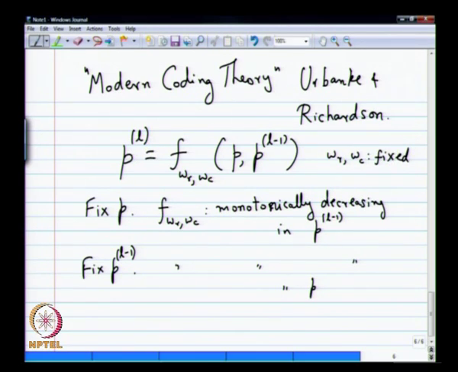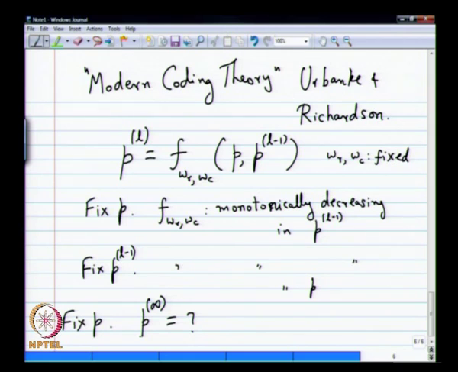So what's interesting now is, you can ask an asymptotic question. You fix P, and ask the question, what is P infinity?